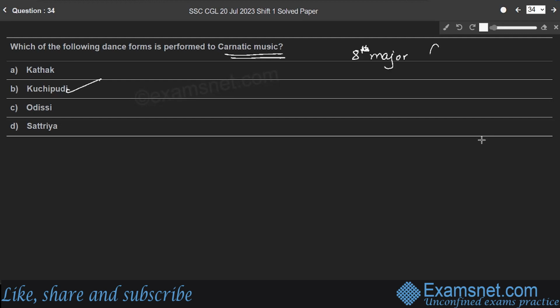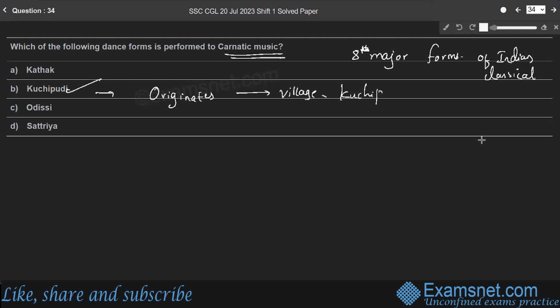It originates from a village called Kuchipudi in the Indian state of Andhra Pradesh. Kuchipudi is a dance drama performance.